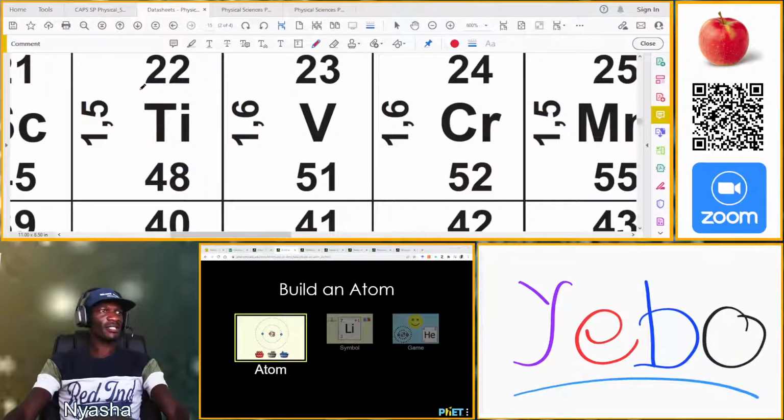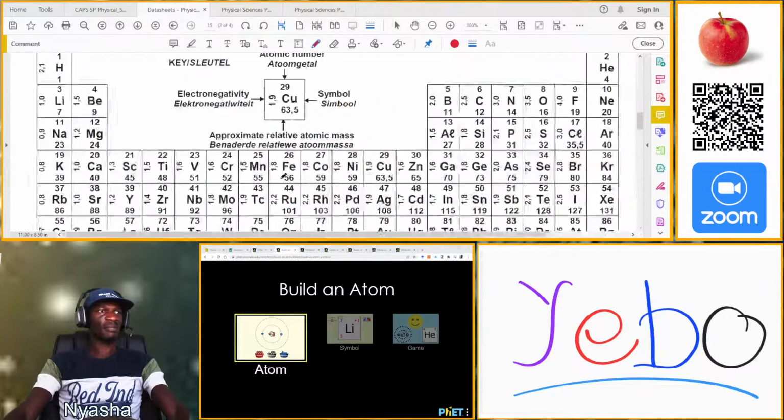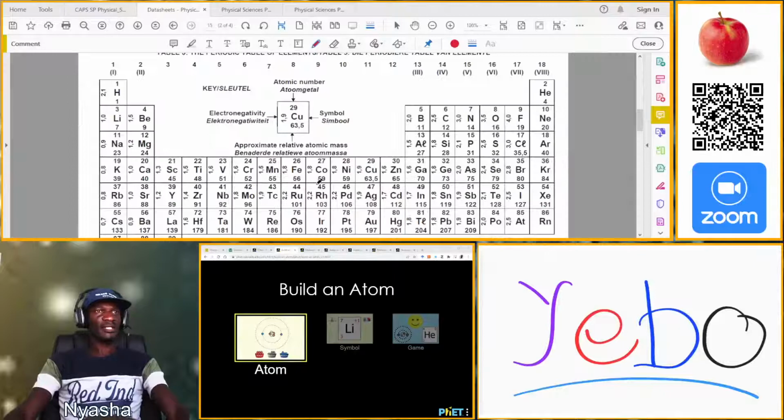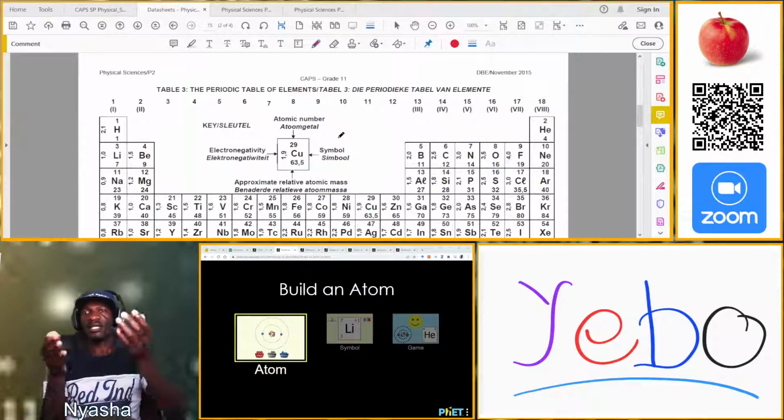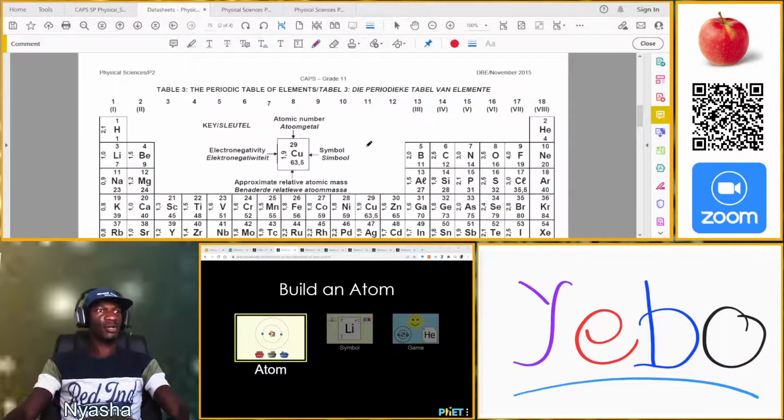So it's got its atomic number, its electronegativity, and its relative atomic mass. So that's your periodic table. It's one of the other tables that you would benefit by making use of all the time. Just get a print out that you can keep reading and using, referring to in class.